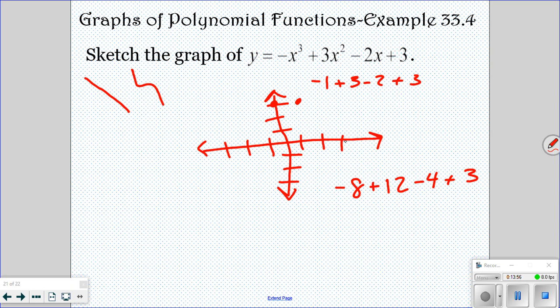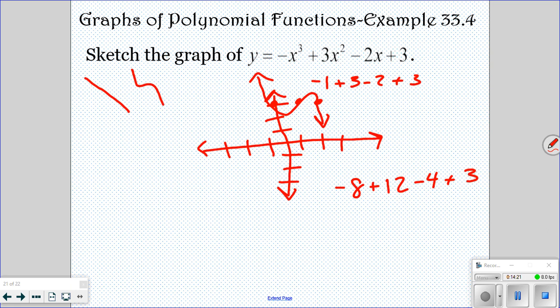So that would be 3 again. Which isn't making much sense probably to some of you, but we're just going to make this little sketch here. Here's what you do. Here's your graph. It just has to have 2 humps, start at the top and fall downward. So there's your graph. And that's really all we need to know about it.